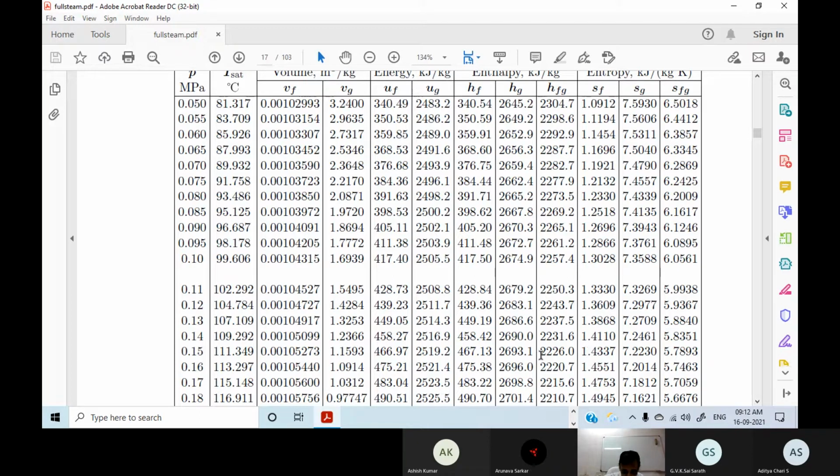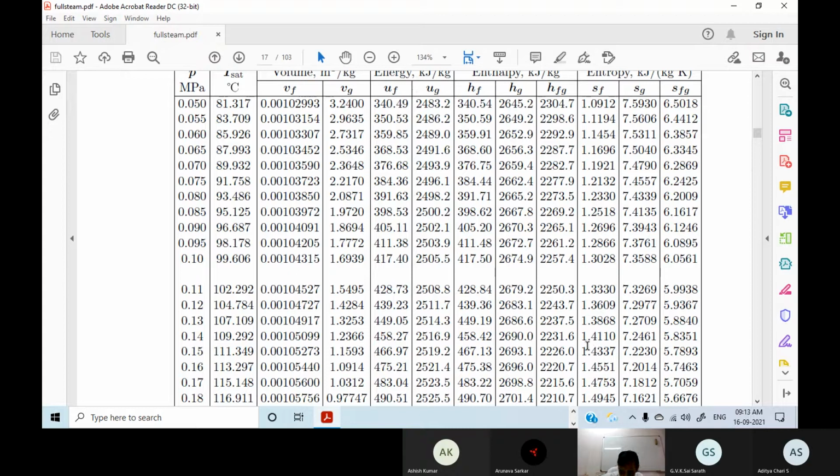So at a pressure of 0.15 megapascal, the specific entropy increases from 1.4337 to 7.2230 as the water changes from liquid to vapor.